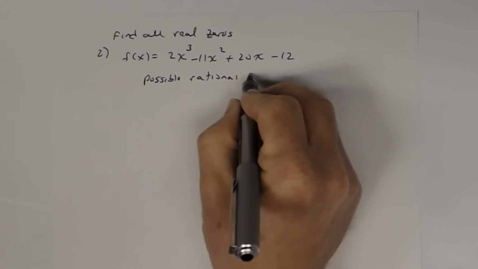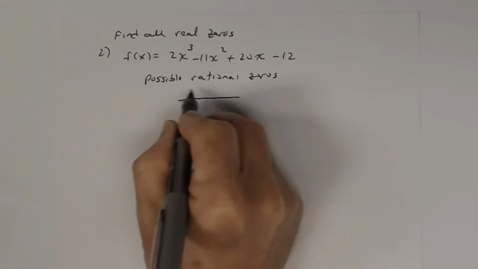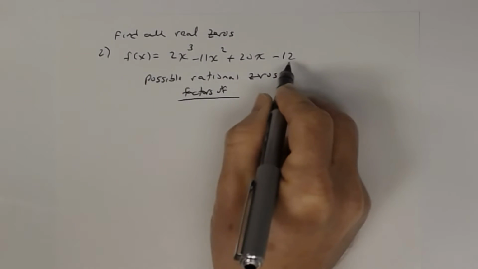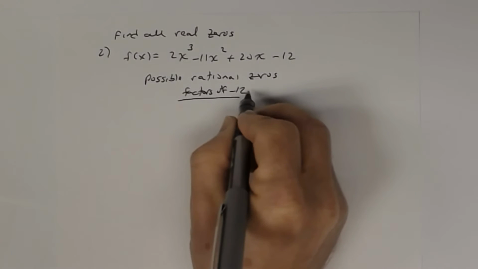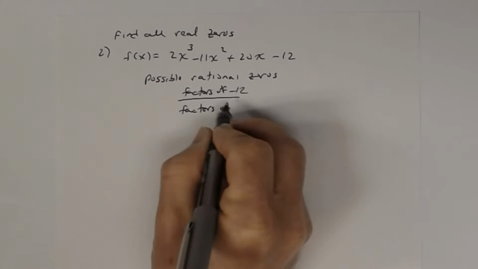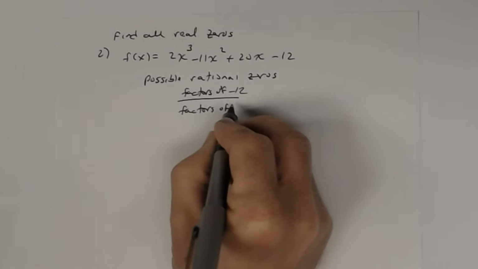So remember, you're going to list the factors of the constant coefficient, which is negative 12. That's your numerator. And then the denominator are the factors of the leading coefficient of x cubed. The leading coefficient is 2.